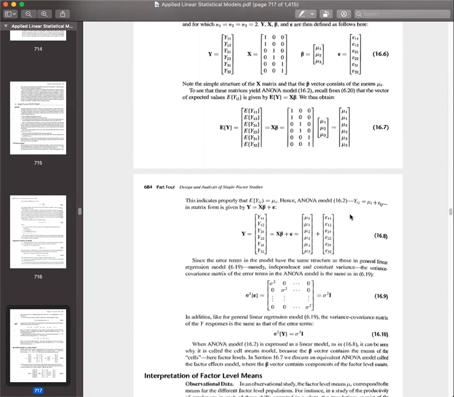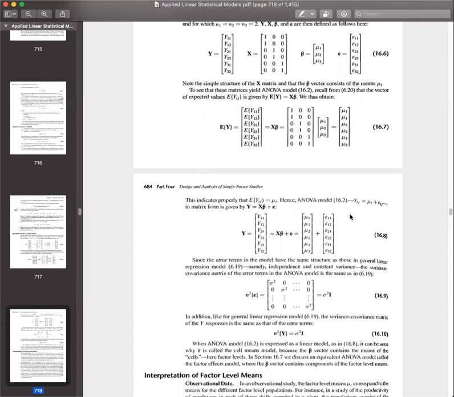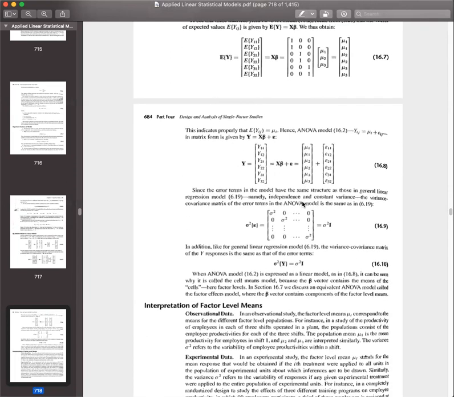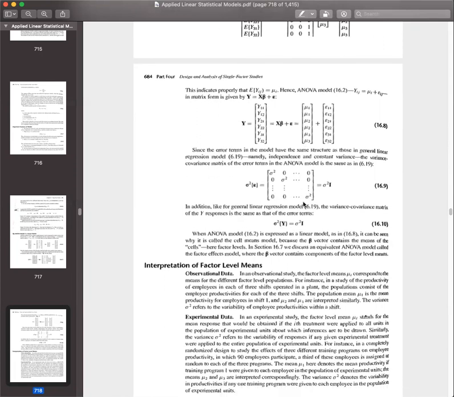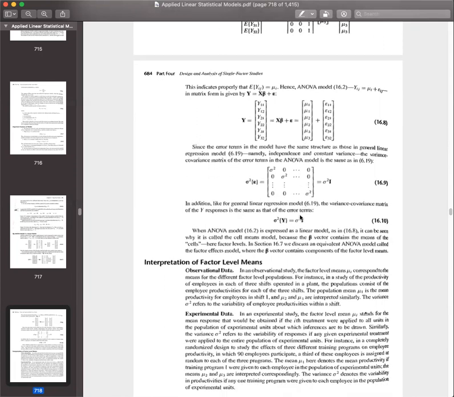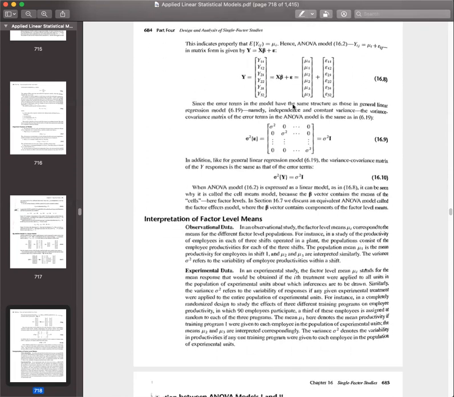We can see that the expected value of y is equal to X beta by computing the matrices. This indicates properly that the expected value of yij is equal to mu sub i. Hence, yij is equal to mu sub i plus the error of ij because it is given by y equals X beta plus the error term, which can all be combined. We can also see that the variance of y is equal to sigma squared.